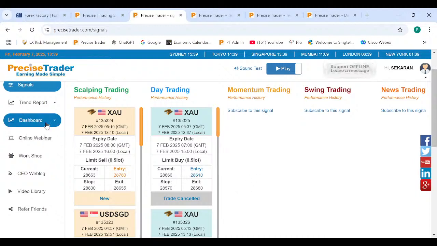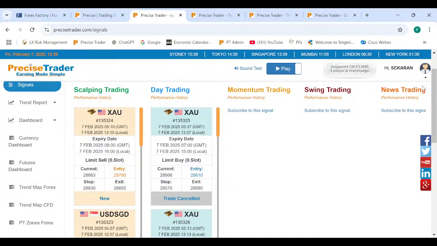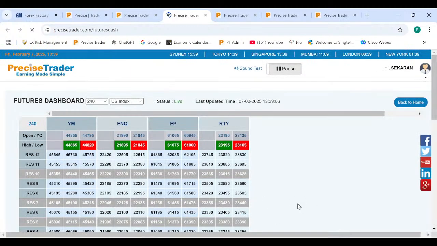Then also, I'm not sure whether anyone in this room is trading futures. We also provide services for futures like Dow Jones, Nasdaq, S&P, Russell, and we have a bunch of others, even crude.